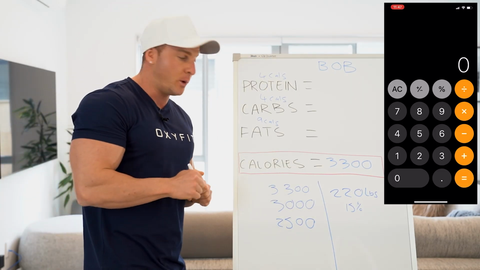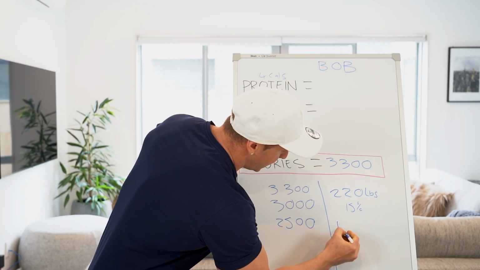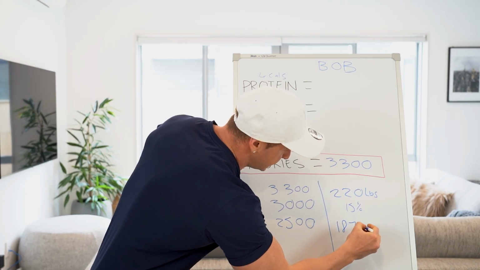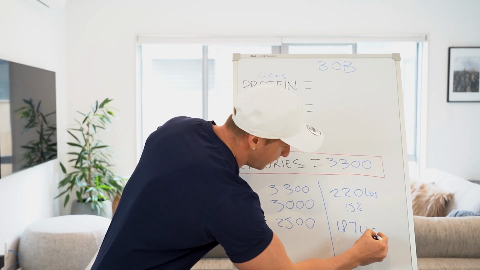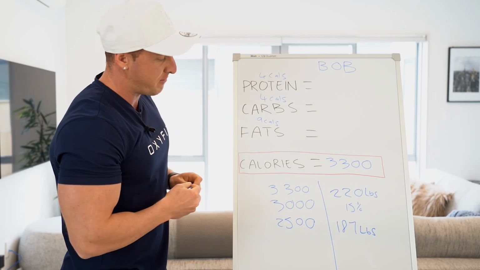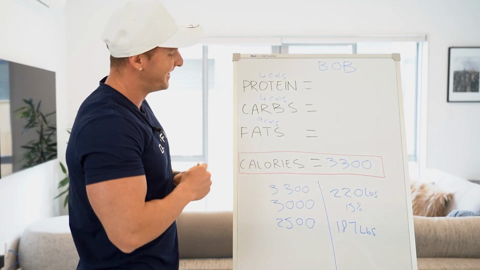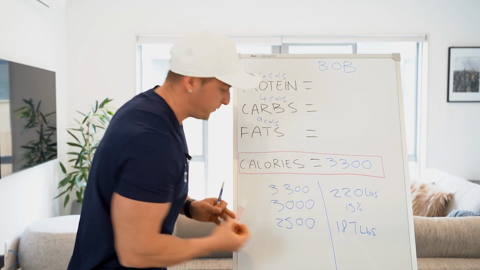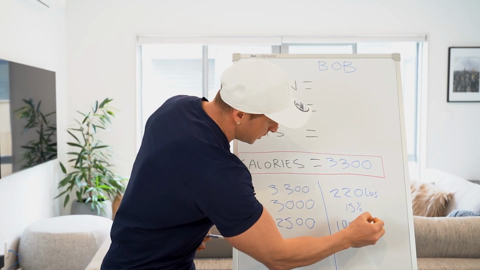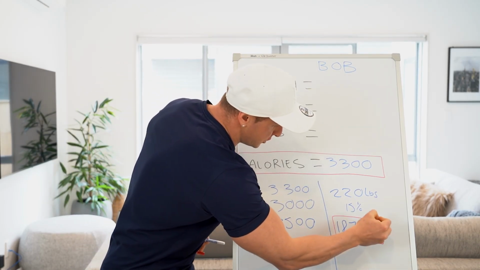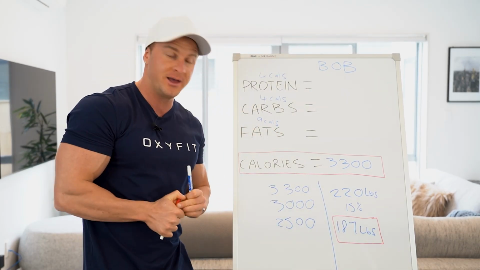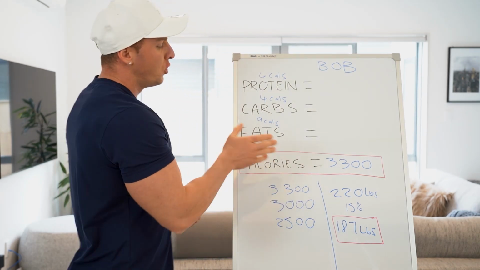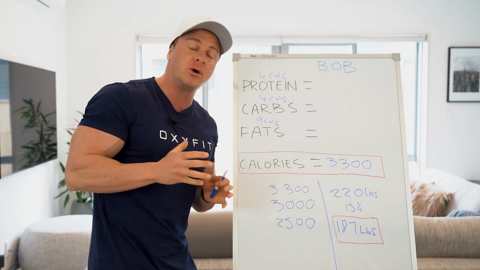So his lean body weight is 187 pounds. My writing is very bad. We'll just square that so we know what our lean body weight is and what we're going to work our macros from.